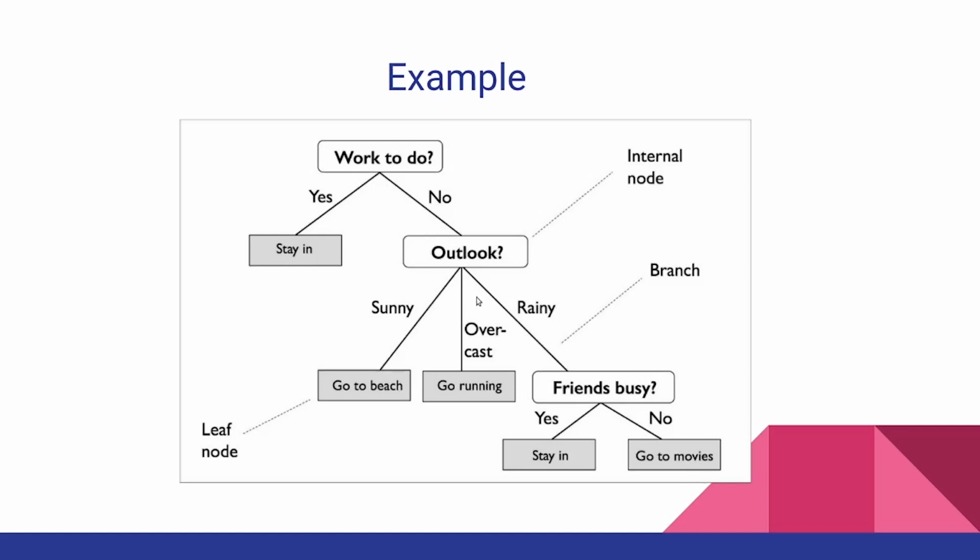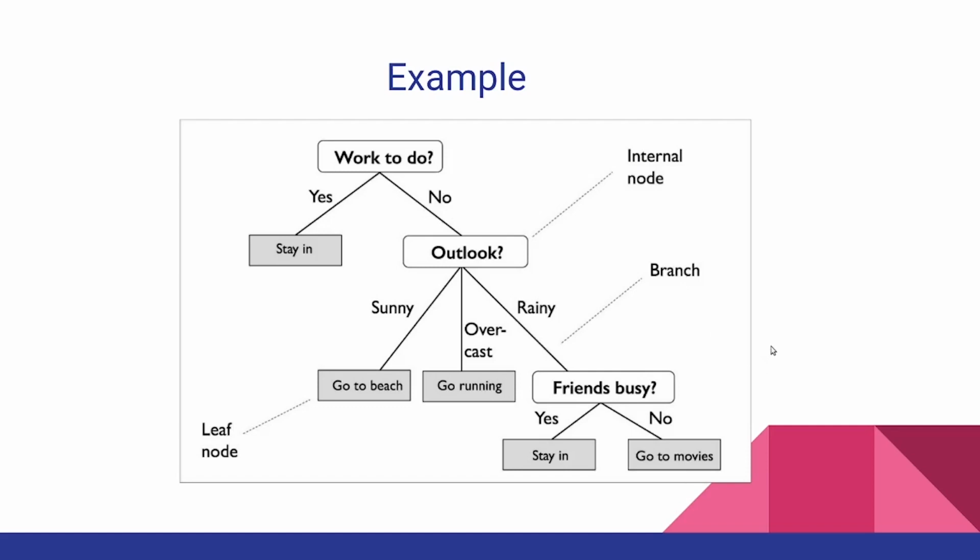Say the weather is overcast, then we reach a leaf node which says go running. So as you can notice in this tree, all the leaf nodes are the final steps, or the answer, the class label which we want, and these internal nodes are the attributes or questions. And we always start with the root node and work our way downwards.